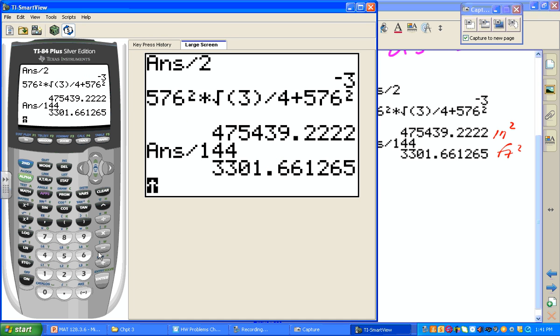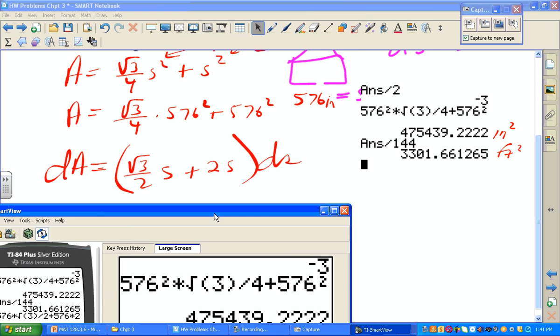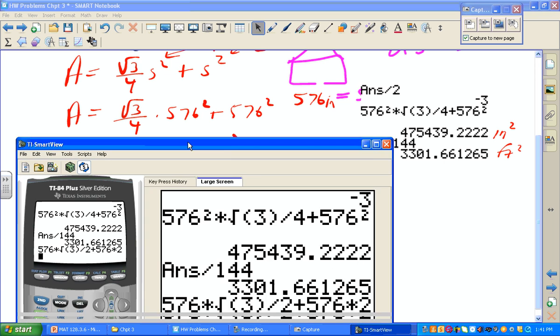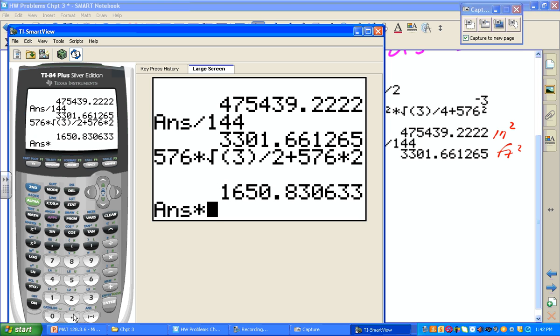Second, enter. 576. Delete. Change this to a 2. Delete this one. And put a times 2. Won't that be what this expression says right in here? And I have to take that answer, enter, and multiply it by 1.